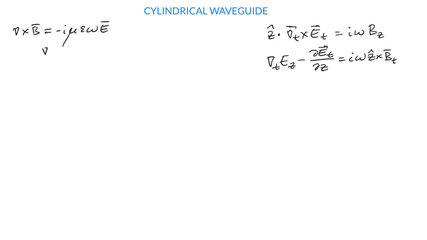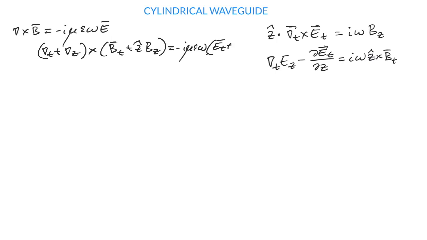So I'm going to write (del_t plus del_z) crossed with (B_t plus z B_z). And on the right-hand side, E_t plus z E_z. And then I take that and I dot it with z, and I cross it with z.